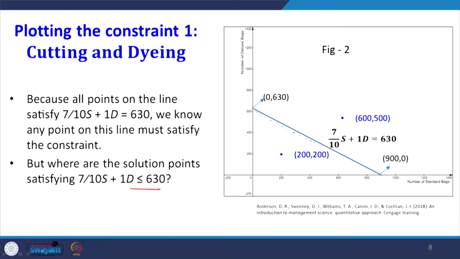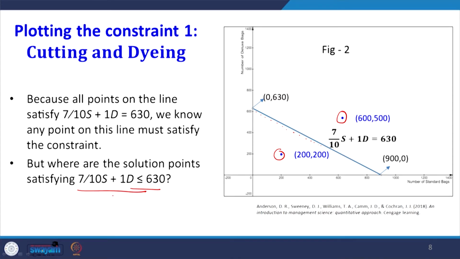So, how to identify which side of this line satisfies our constraint? You have to take any point which is below this line and another point above the line. For example, I have taken arbitrarily 200 comma 200. You have to substitute these values into this equation.